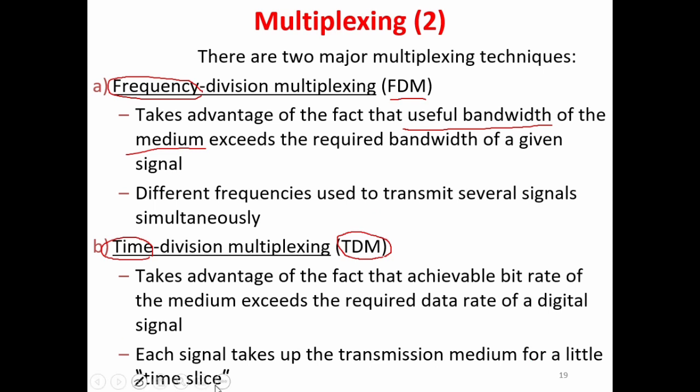Of course, consider a very small time slice, which could be even milliseconds. During that time, a user wants to transfer some data. Instead of useful bandwidth, it works with the data rate, so the bit rate of the medium normally exceeds the required data rate of the digital signal.